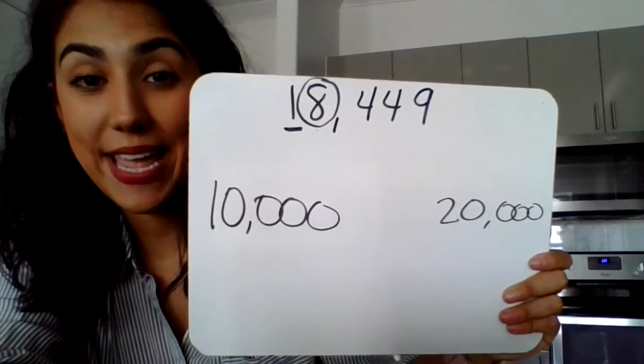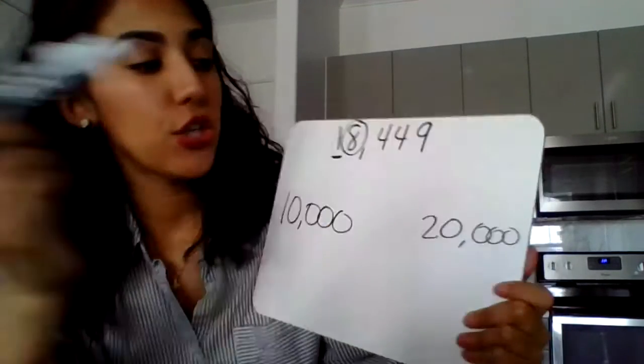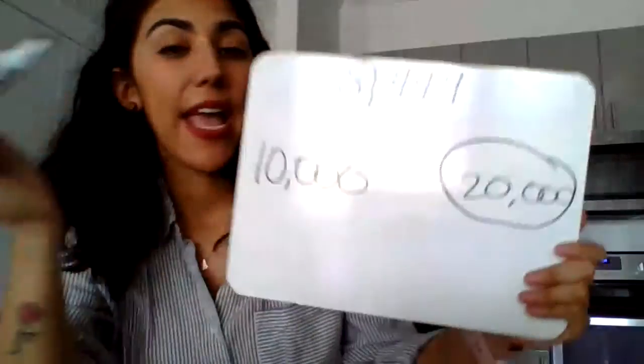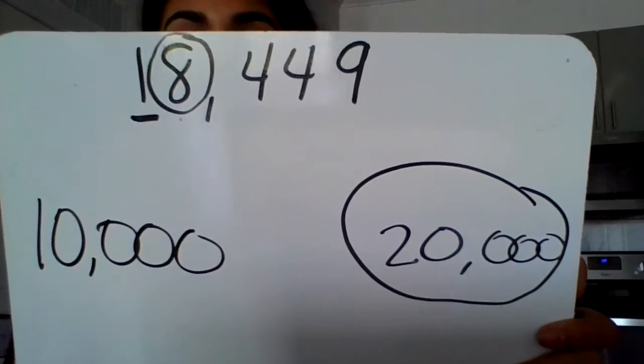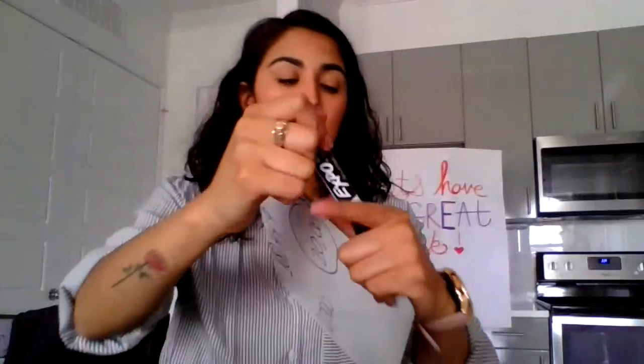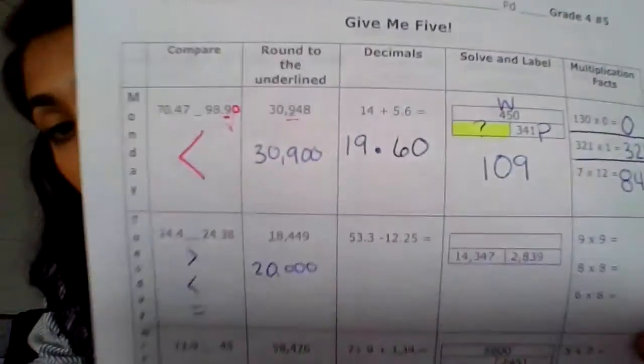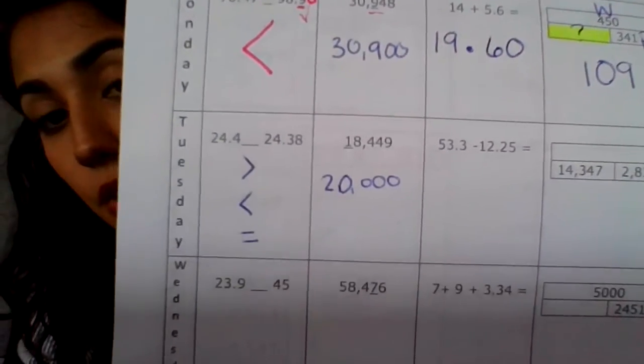That's right, the 8 falls under 5 or more, so we're going to raise the score. And your final answer is 20,000. So I'm going to write 20,000 on my paper. Remember, if your answer has a comma or a decimal, then you need to be sure to input it just like that on your Google form, because it's going to count it wrong.